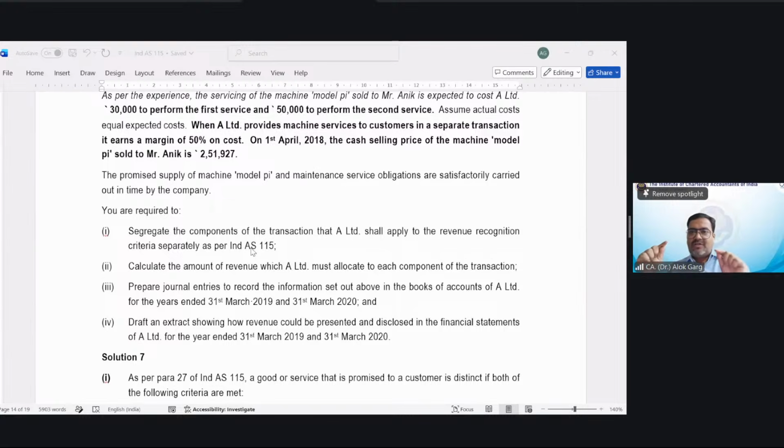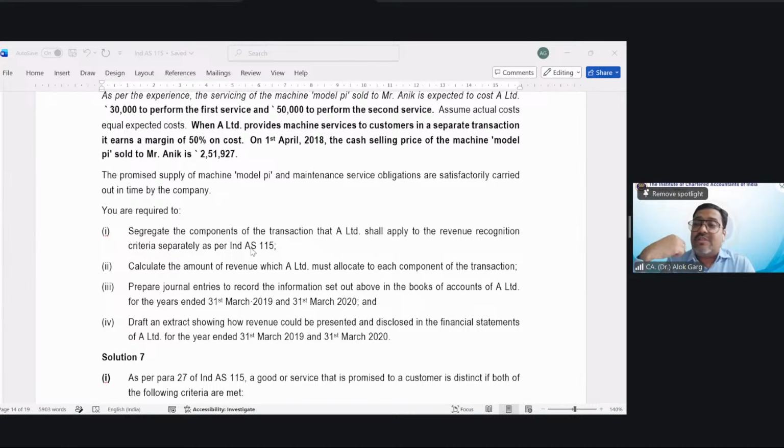So when A Limited is providing services separately to another customer, whatever cost it is getting, A Limited is earning a margin of 50%. For example, if 30,000 is the cost of the first service, how much is the standalone selling price of the first service? The revenue portion is 45,000: 30,000 plus 50% of 30,000.